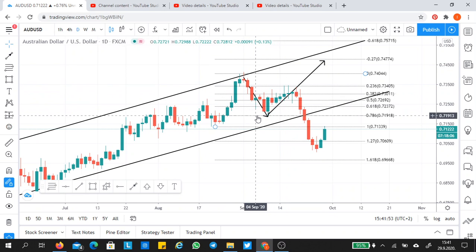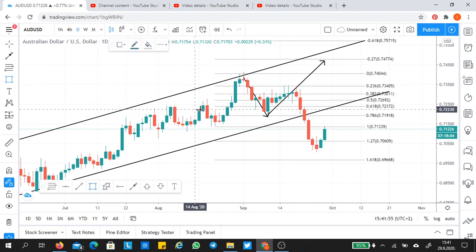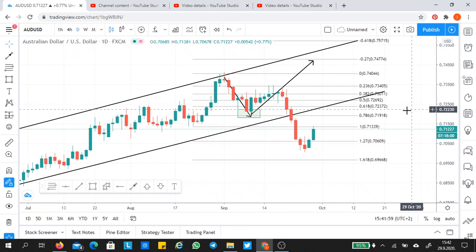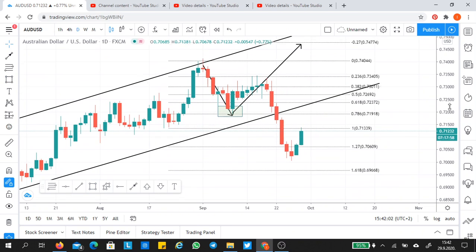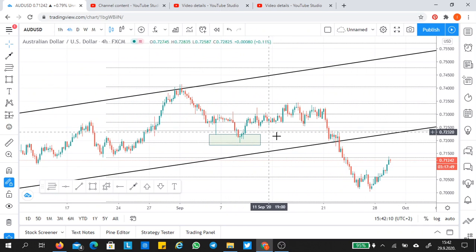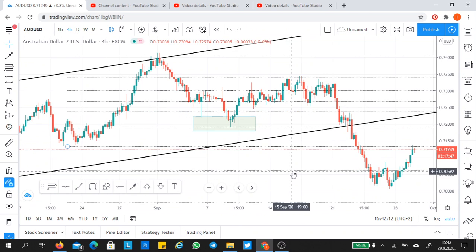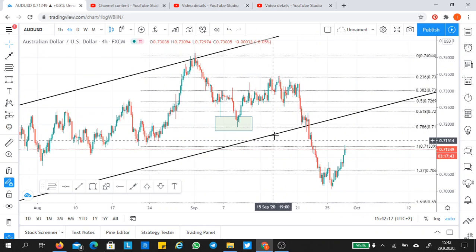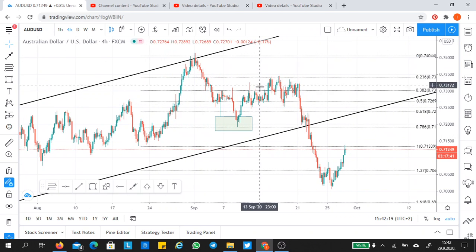So obviously, the entry point was good and the entry was sharp, so good risk to reward ratio here, and I had some profits taken because if you look at this on a 4-hour chart, then you can see that the market was really struggling here around this point.